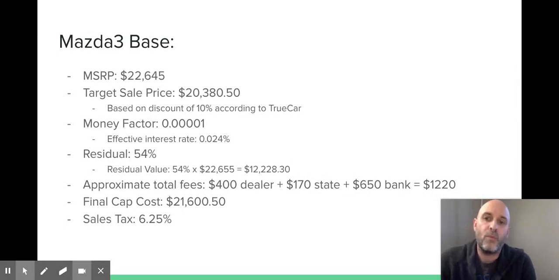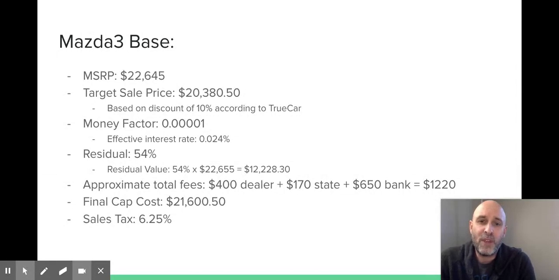You want fewer miles. This is for 12,000 miles. If you wanted 10,000 miles, it would have been 55%. If you want 15,000 miles, it goes in the other direction. So when we talk about how you buy miles up front or what they're worth, it's really just a manipulation of the residual value.